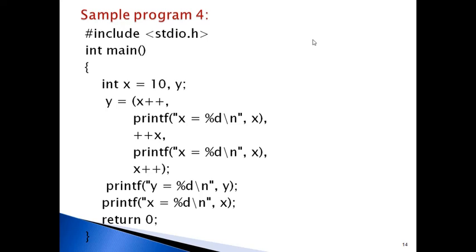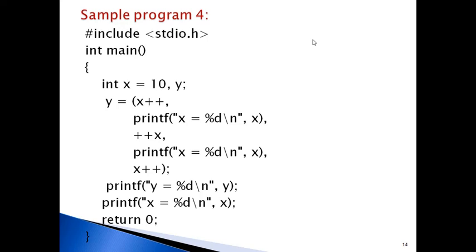These five expressions are combined in a single line. By using the comma operator, we can add n number of expressions, statements. These all expressions are evaluated and the y value is assigned.